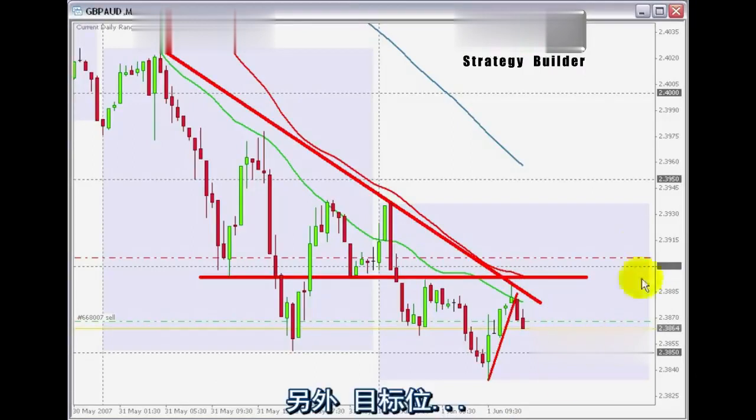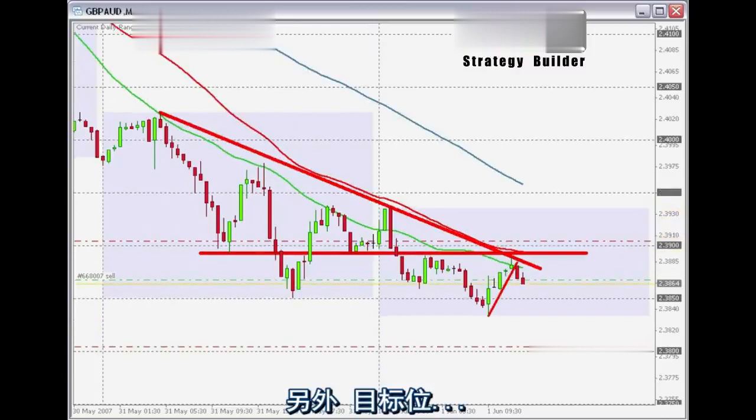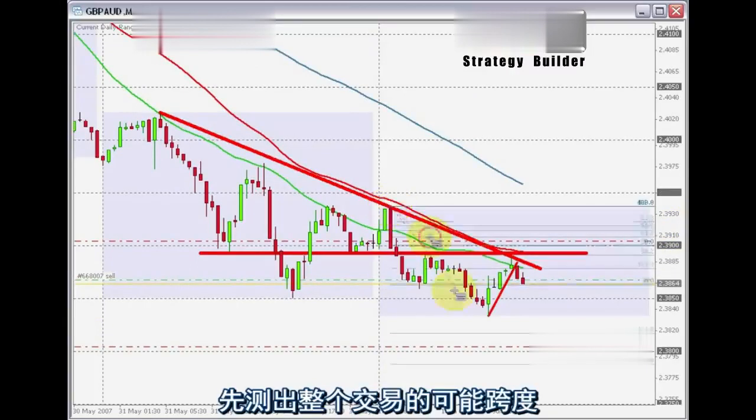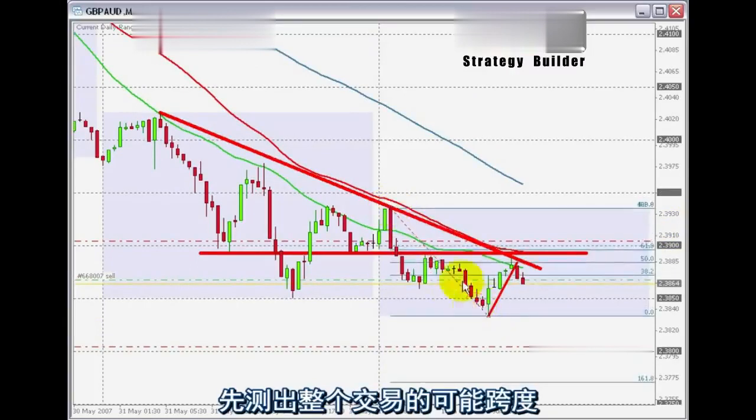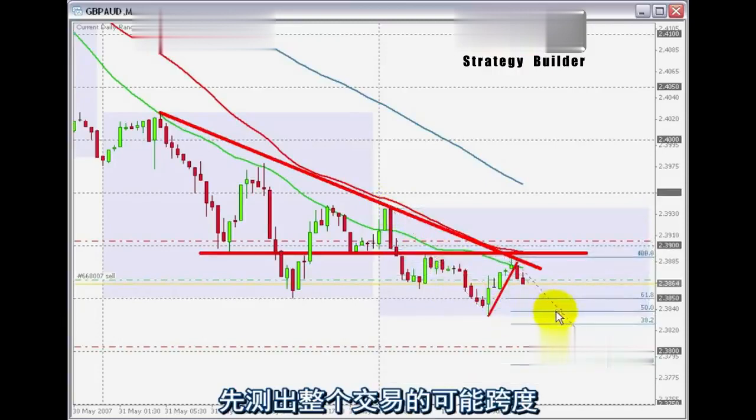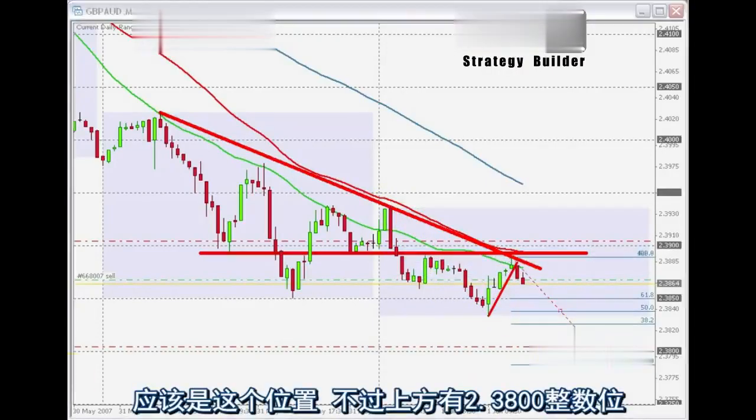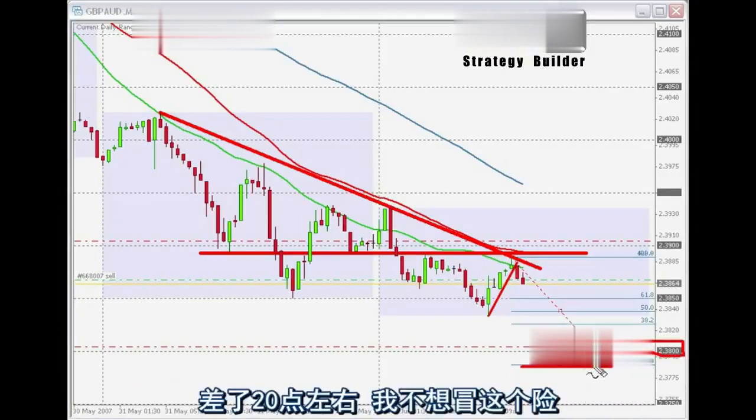Oh yeah, the target. The target, as usual, measuring the whole potential move of the trade, takes me down here, but we have the 238 round number about 20 pips above.